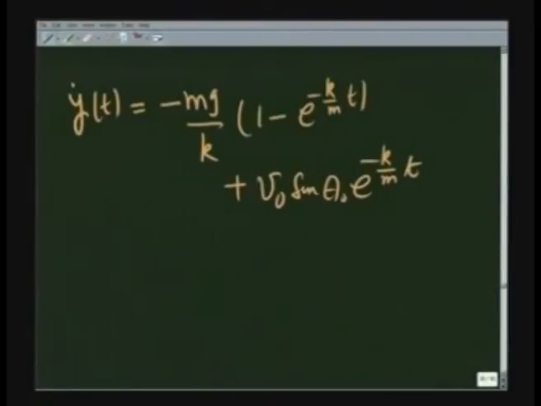This is how the velocity of particle in y direction varies with time.